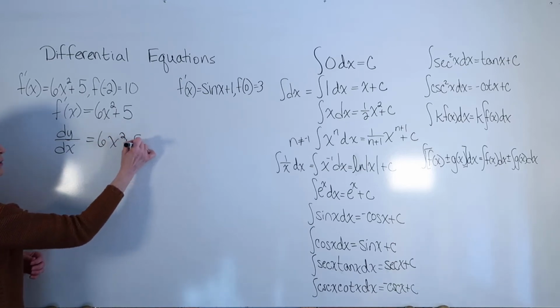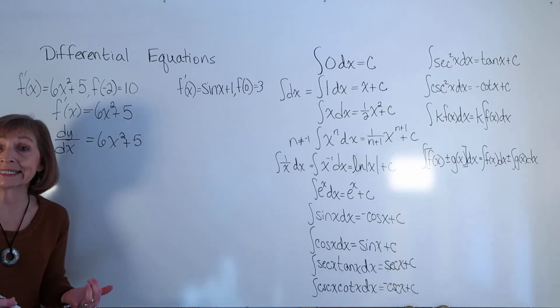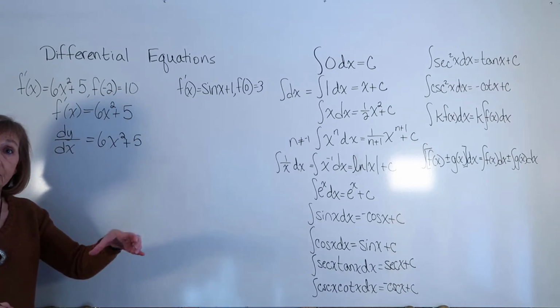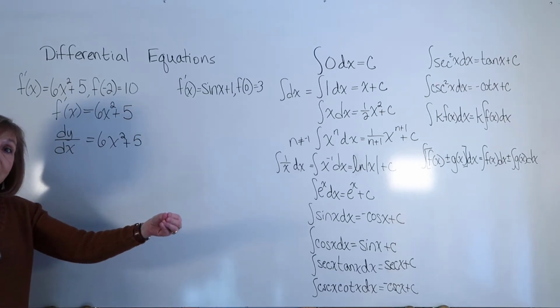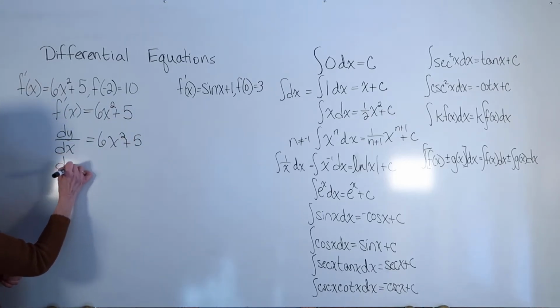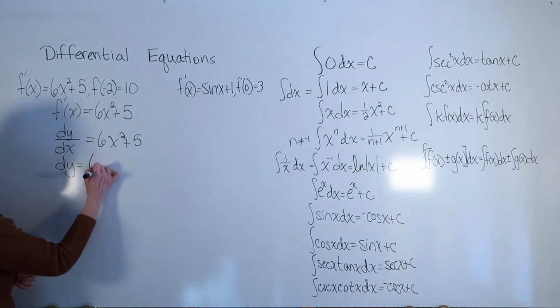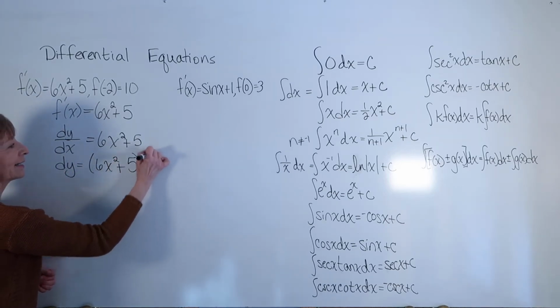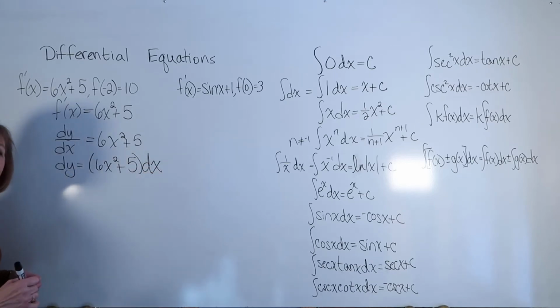And next what we're going to do is write it as the differential of the dependent variable is equal to the derivative times the differential of the independent variable. So we are going to write dy is equal to our 6x squared plus 5 dx. And that gets us set up.